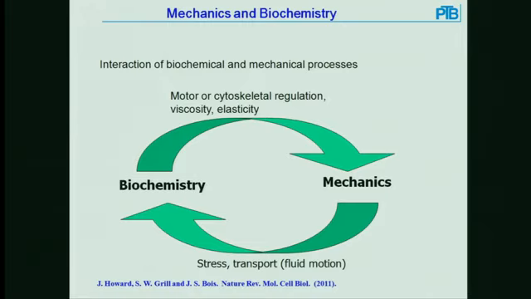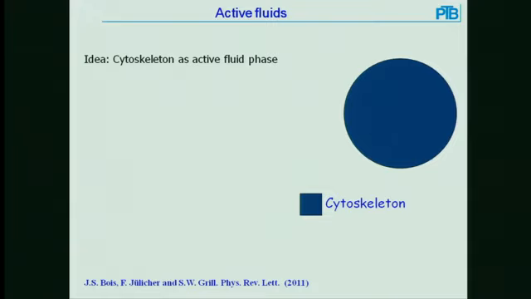So the idea is you have, on the one hand, active cytoskeleton, active fluid properties like viscosity, and then this determines the mechanics, but the mechanics then induces some flow inside the cell, which can lead to gradients of chemical or biochemical agents or motors, which then feed back again on the mechanics. So this cycle is an interesting thing to look at. And one nice paper where this was illustrated in a very simple way is also this Physical Review Letter by Frank Jülicher and Stephan Grill's groups.